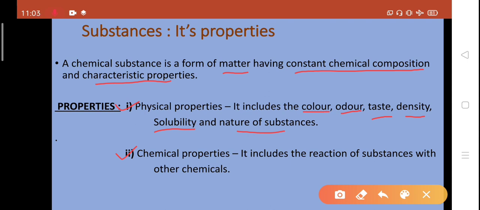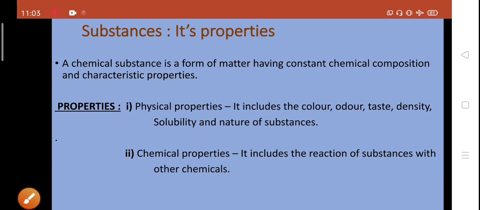The chemical properties include the reaction of substances with other chemicals. It means how these substances react with other chemicals.